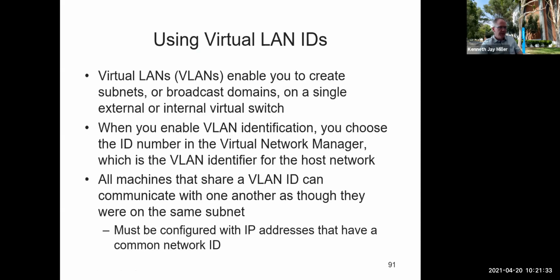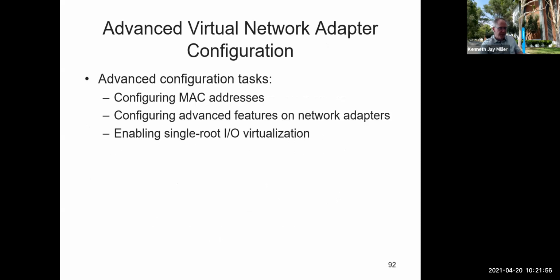All right. We can use virtual LANs and virtual LAN IDs. By default, we'll just leave these settings unchanged, and they'll work just fine. But we can do VLANs and VLAN IDs within Hyper-V, just like we could also do that in ESXi as well.